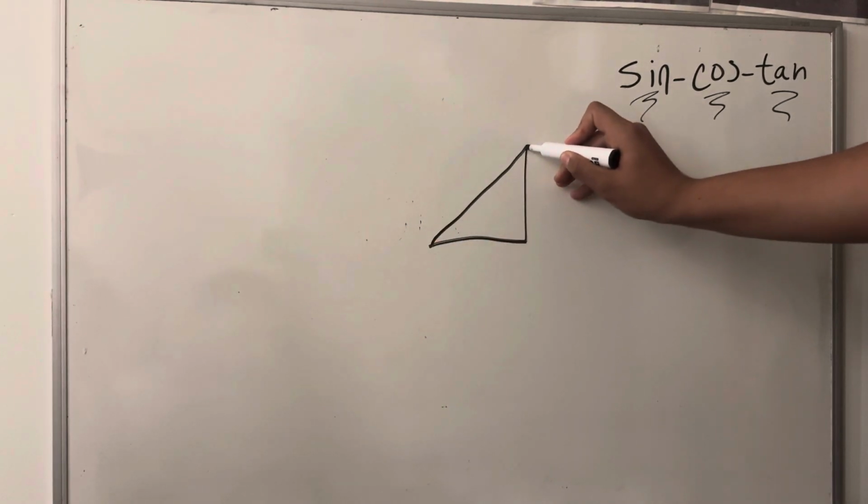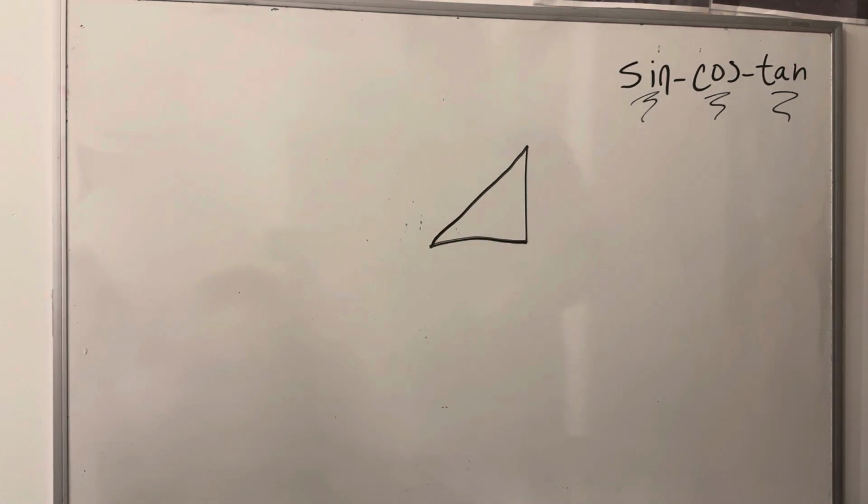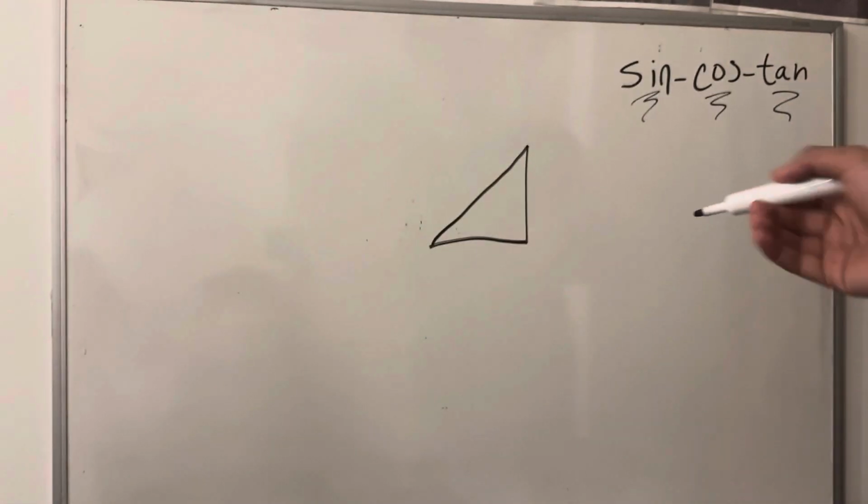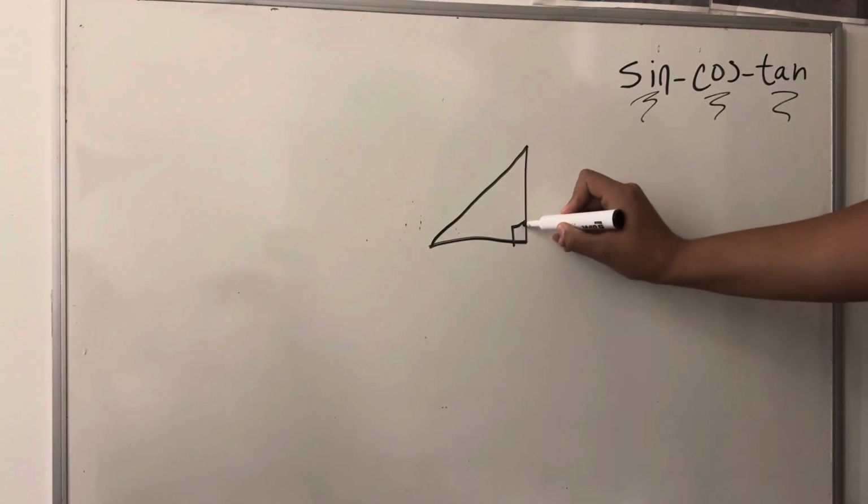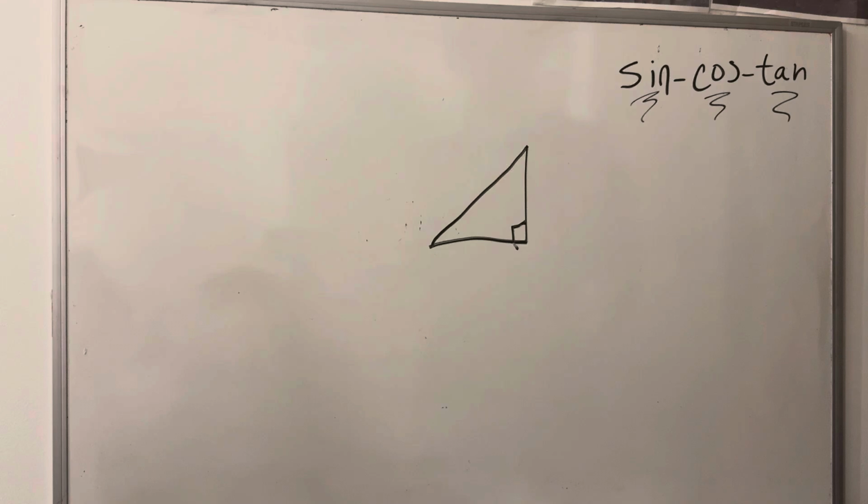a right triangle, and we know that a right triangle, of course, has a right angle. With the right triangle having a right angle, it has sides.